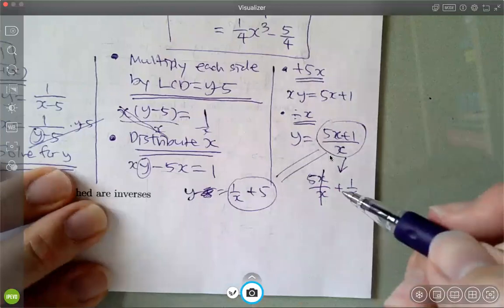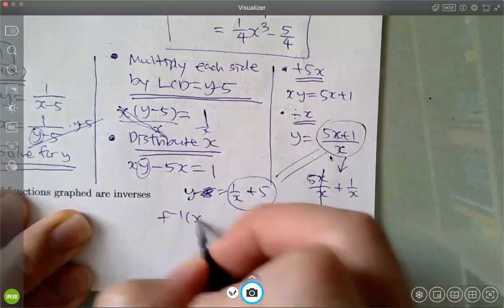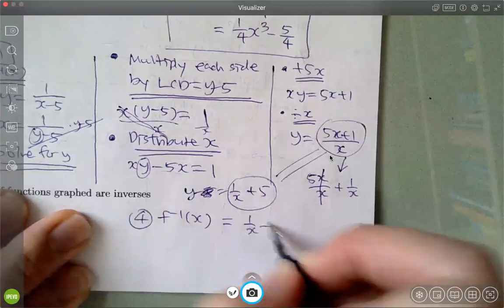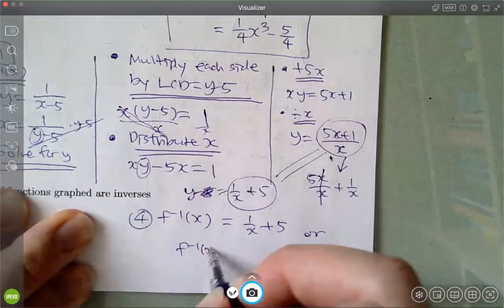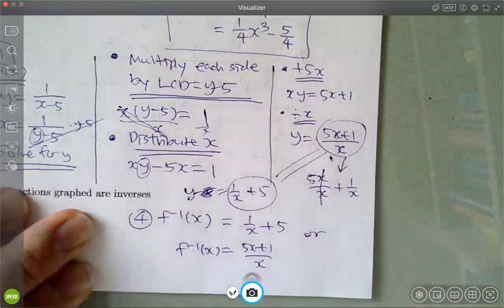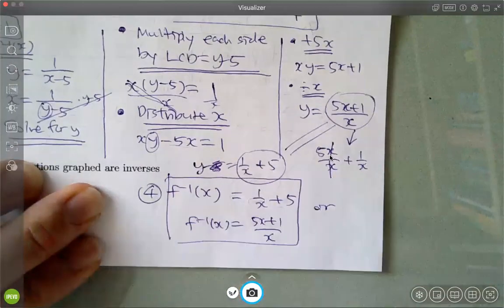So anyways, what is the final answer then? The final answer is either write this, or you can write 5x plus 1 all over x. I honestly think NLP will accept either way.